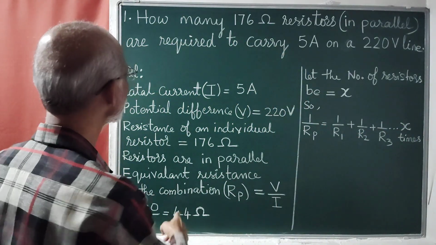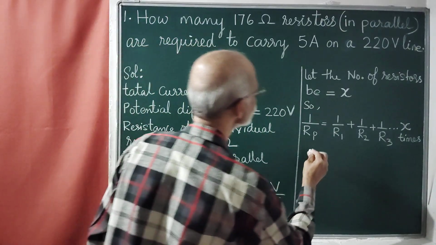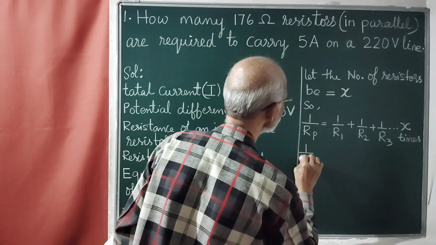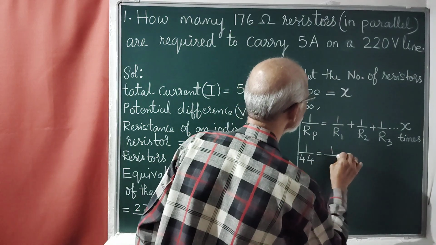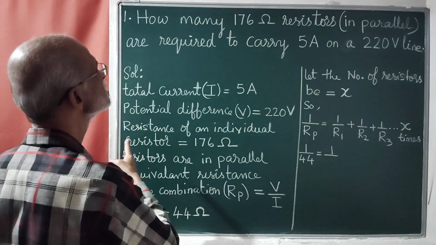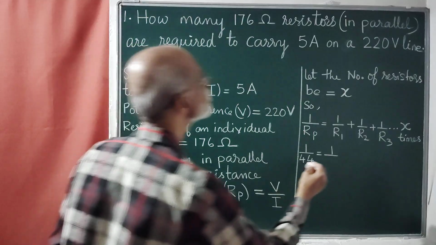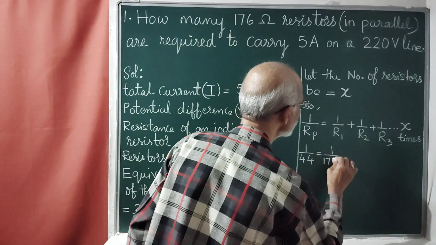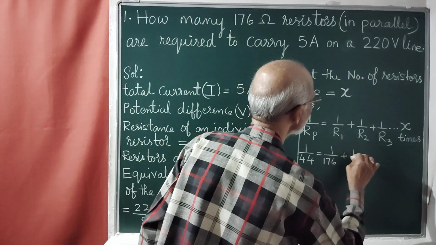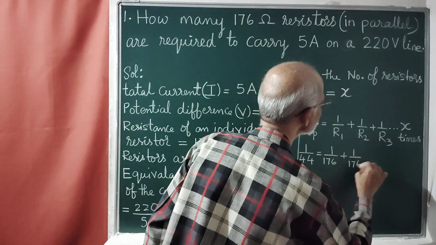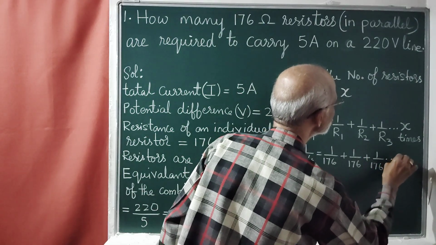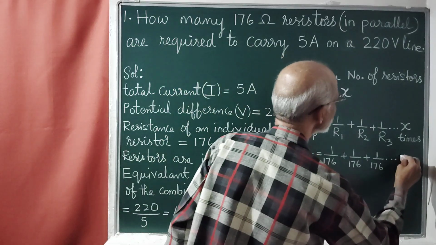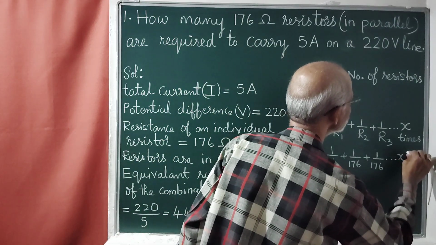So the value of Rp is 44. So 1 by 44 is equal to, the value of each resistor is 176 ohms, 1 by 176 plus 1 by 176 plus 1 by 176, x times.